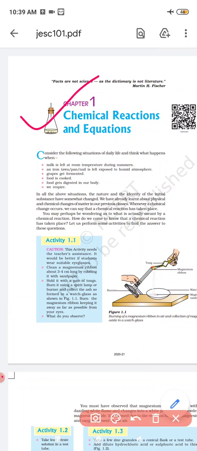Okay, in chemical changes, the properties of the constituent elements or substances change, right? When milk is converted into curd, the properties of the milk particles change into the properties of the curd particles. But in physical changes, the properties of the substance are retained.